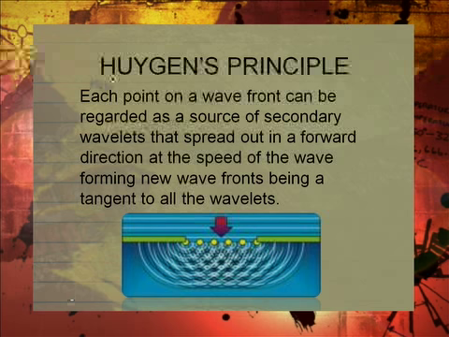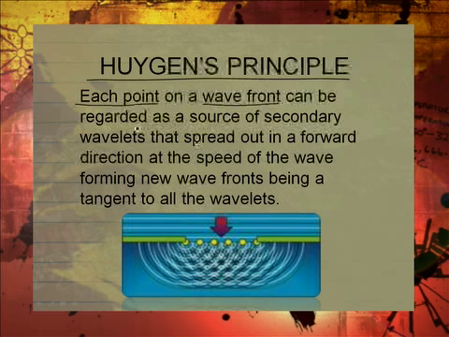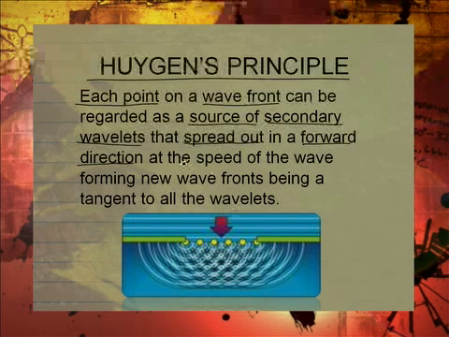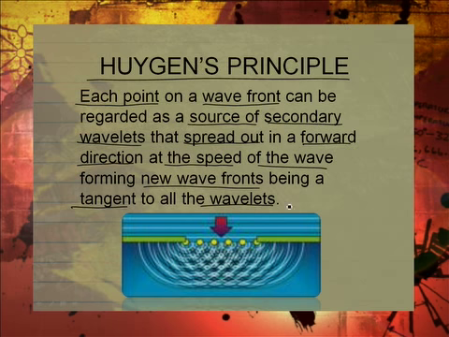Now what does Huygens principle say? Huygens principle says each point on a wave front can be regarded as a source of secondary wavelets that spread out in a forward direction at the speed of the wave, forming new wave fronts that are tangent to all the wavelets.